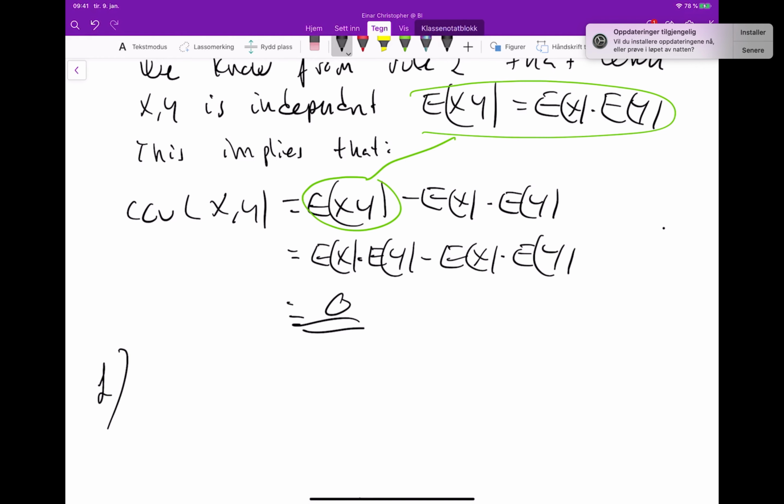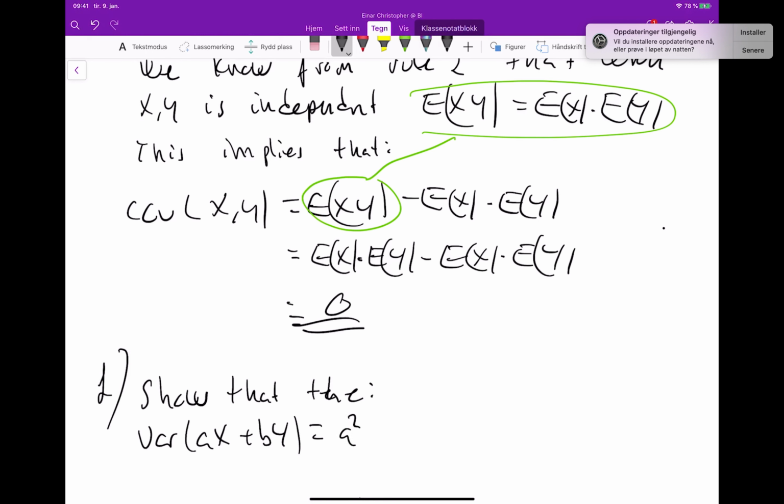F. What are we going to do here? Here we are going to show that the variance of ax plus by is equal to a to the power of 2 variance of x plus b to the power of 2 variance of y plus 2ab covariance x, y.